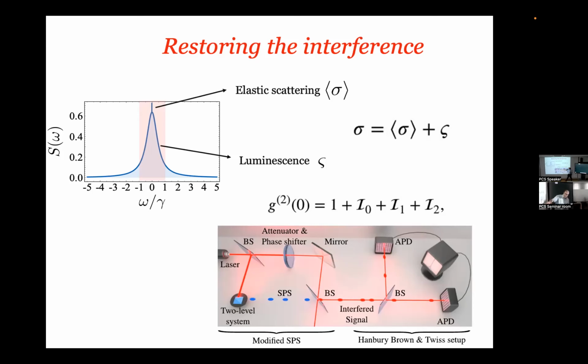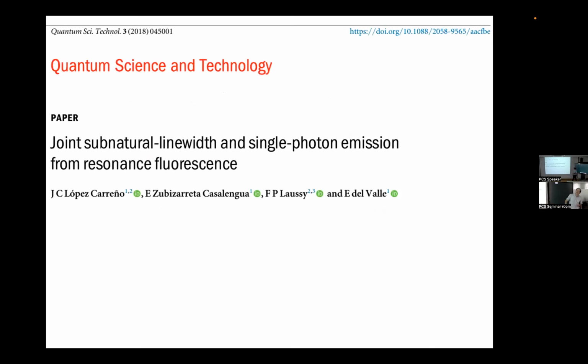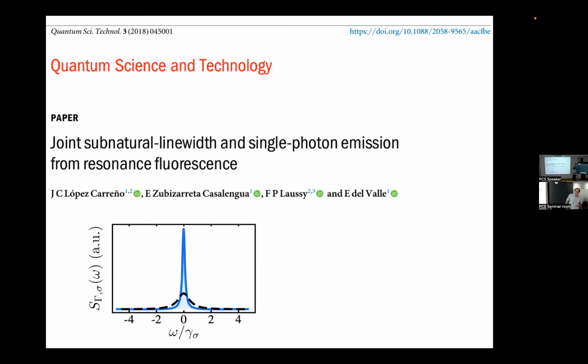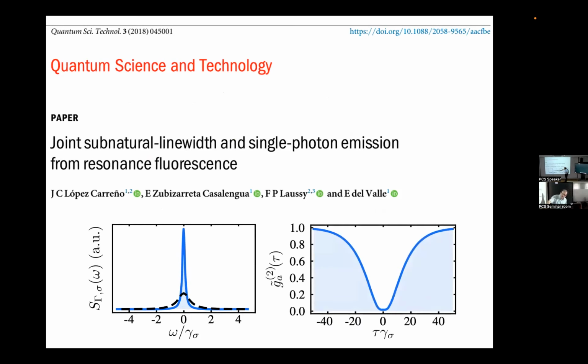We superimpose a fraction of the laser, the driving laser, with a good phase and amplitude such that it will restore this perfect anti-bunching. And as a result, we demonstrated that it's possible to have, the important word here is joint, at the same time, simultaneously, both the subnatural emission and the perfect anti-bunching.